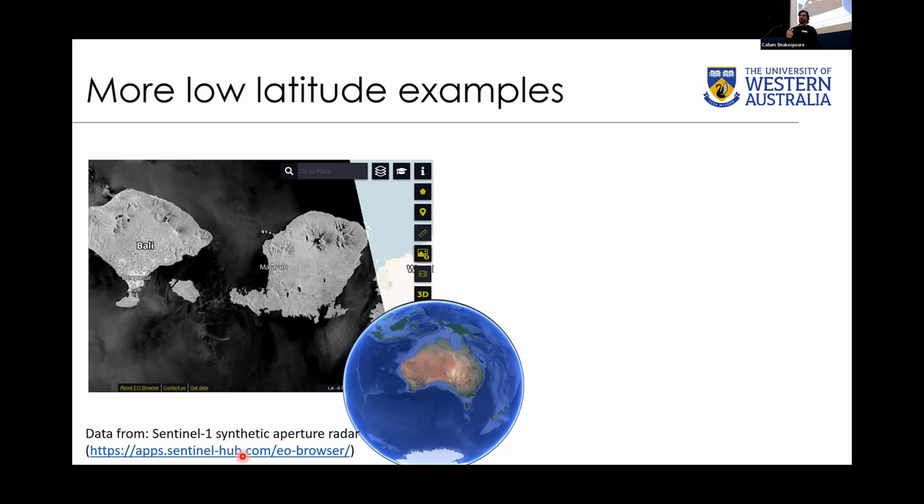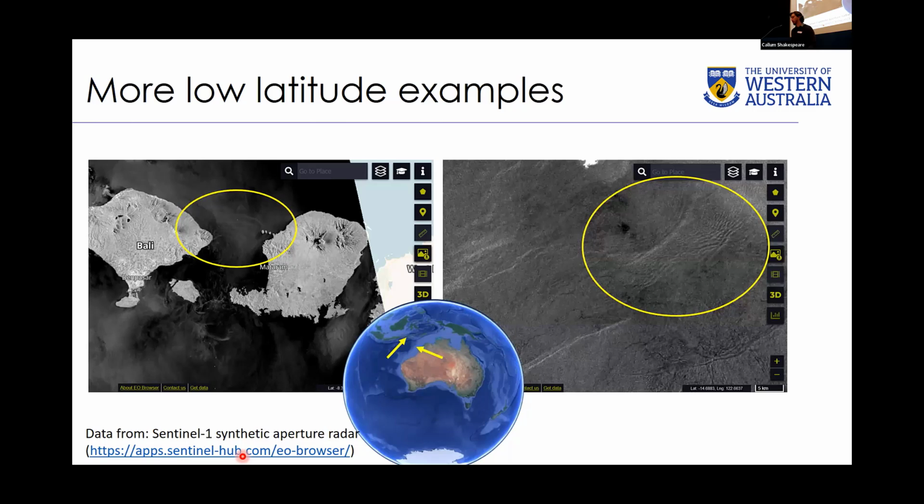But basically the SAR, synthetic aperture radar, can see through clouds, so you can potentially see these wave signatures like this one in Lombok Strait in any region. So I guess around Antarctica there's a lot of clouds, so it's a better tool for looking in that region.